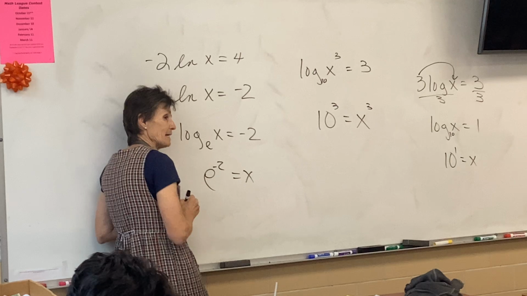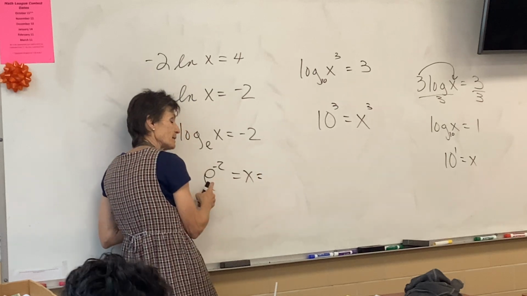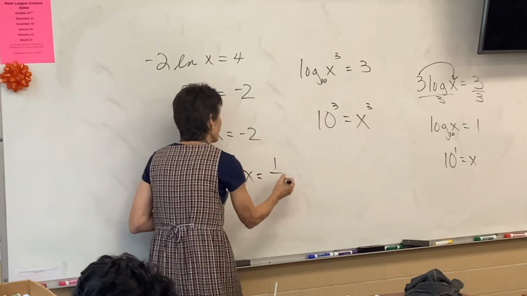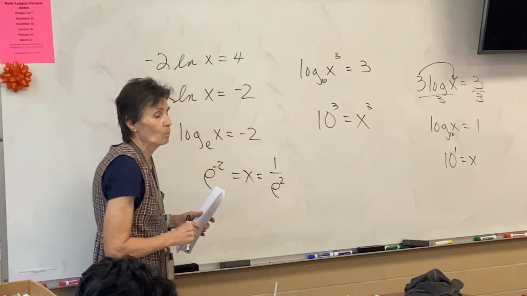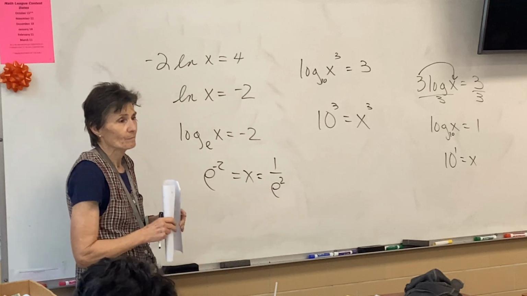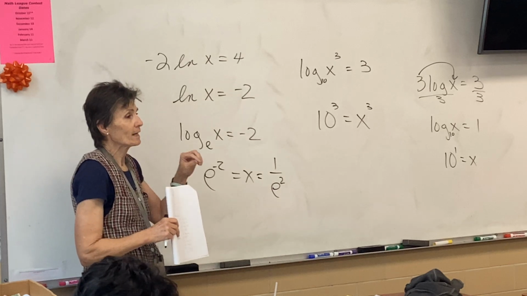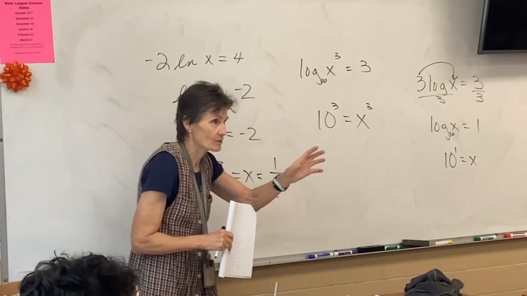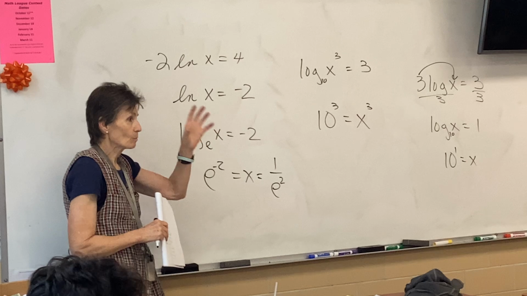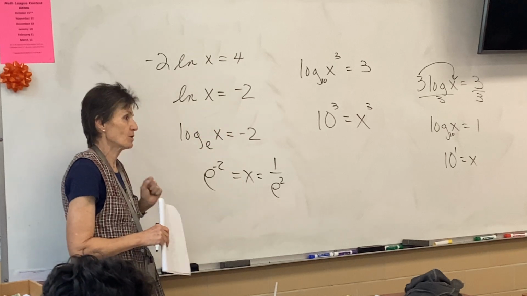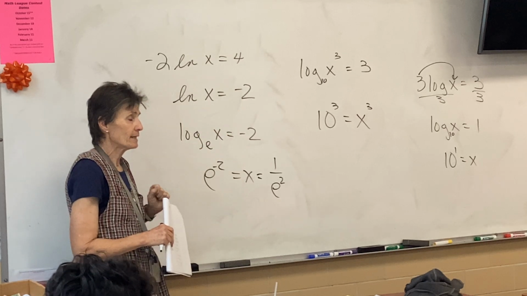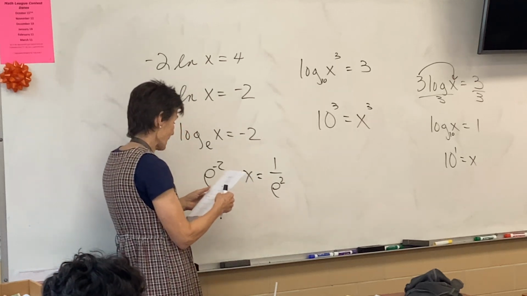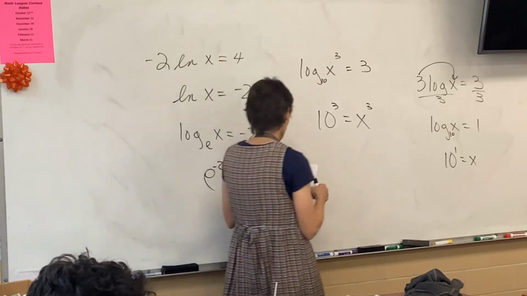We don't like negative exponents, so how could I rewrite that? 1 over e squared. When do I put fractional exponents in? Only when I have radicals, right? Radicals are fractional exponents. Negatives are 1 over.